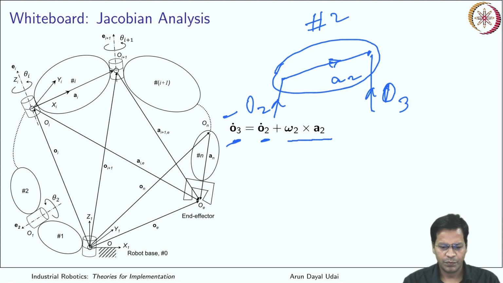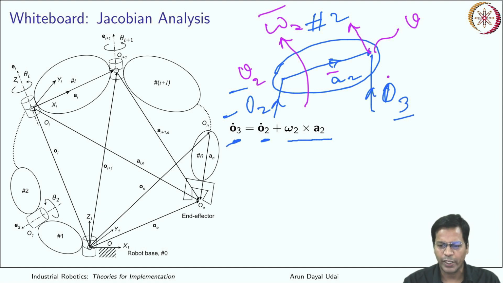At the end you have O3, and before that you have O2. So the velocity over here will be O3 dot, and that is the sum of O2 dot, the velocity over here, plus the resultant of the angular velocity that comes to this location. If this is omega 2 and this is the A2 vector, the cross product of those two vectors will be reflected over here as the tangential component at location 3.